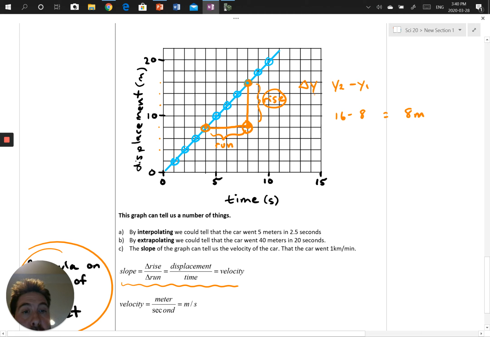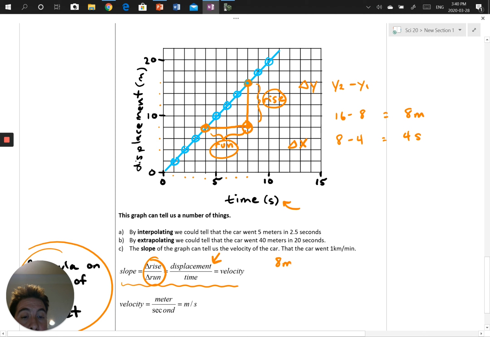And for my x value, my run, I'm going to take my highest x value, which is going to be 5, 6, 7, 8, subtract 1, 2, 3, 4. So 8 minus 4 is going to be 4. And on my x, I'm dealing with seconds. So I'm going to have 4 seconds. So if I do my rise over run, it actually is displacement divided by time.